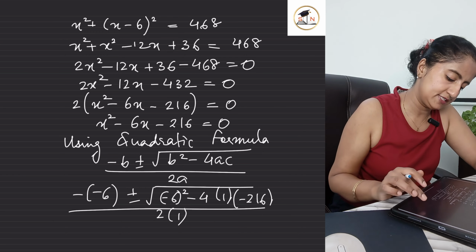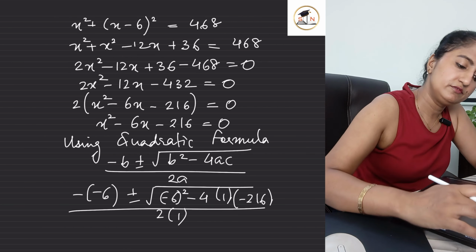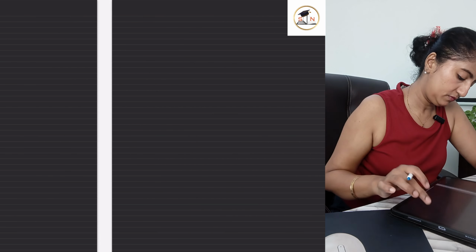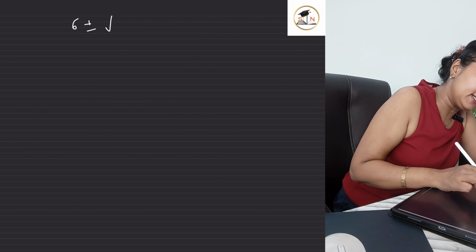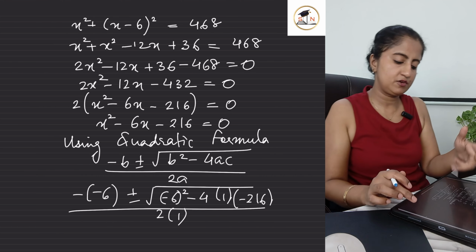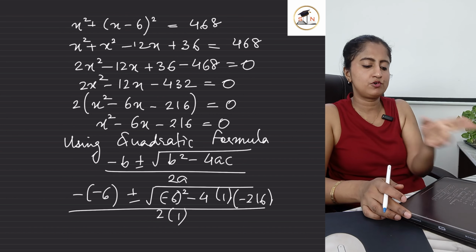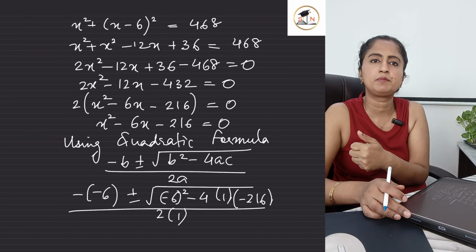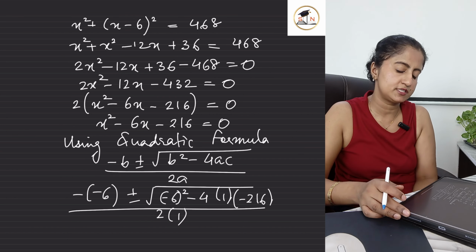Now just solve this. So what we have, minus 6 becomes plus 6 plus minus, inside we get 36. Over here we have plus because minus 4 and minus 216, when they multiply, 2 negatives will give us a positive, right?